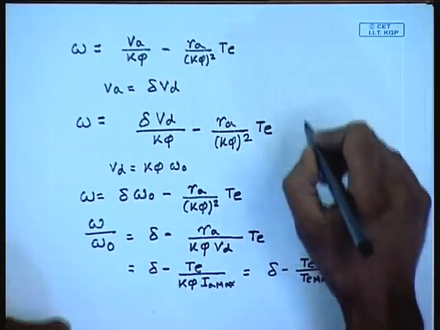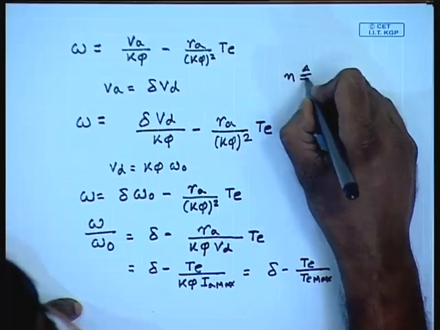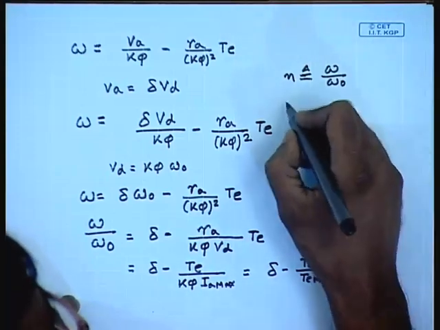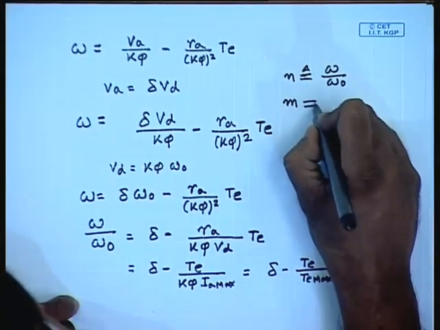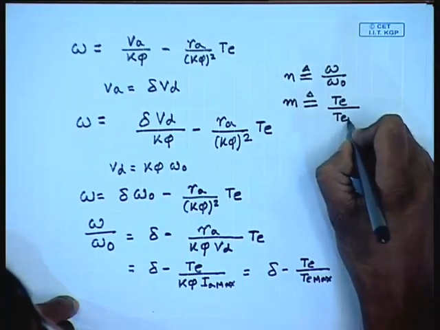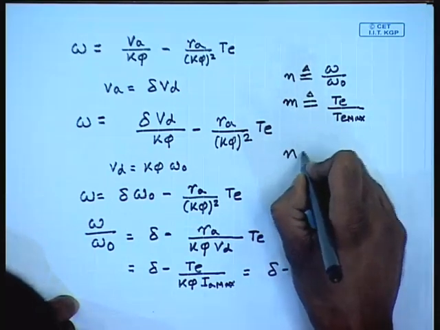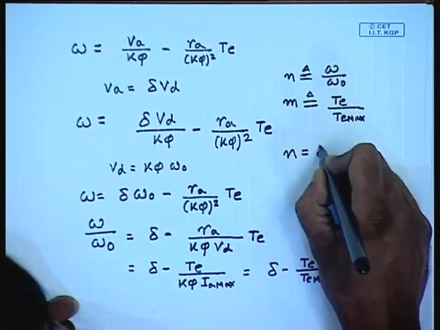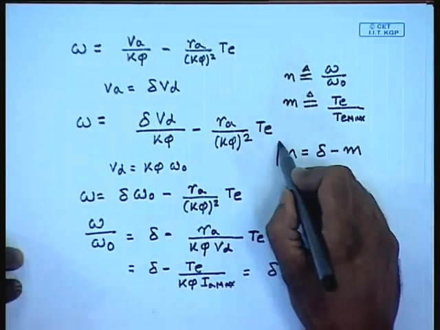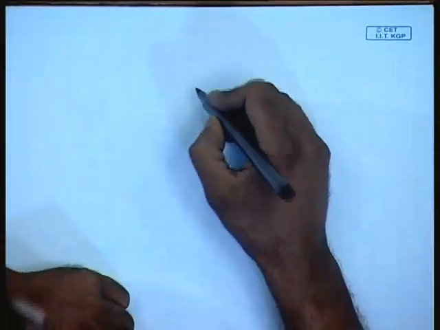So, if we define per unit speed n to be equal to omega by omega 0 and per unit torque m to be Te by Te max, then the torque speed characteristics is given by the simple equation n equal to delta minus m. That is the normalized torque speed characteristics of a chopper driven DC machine.